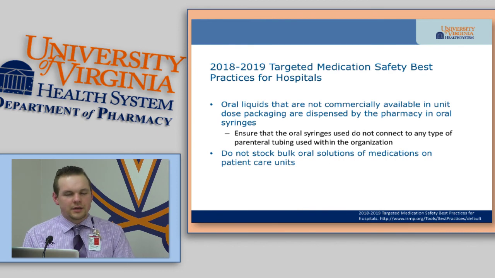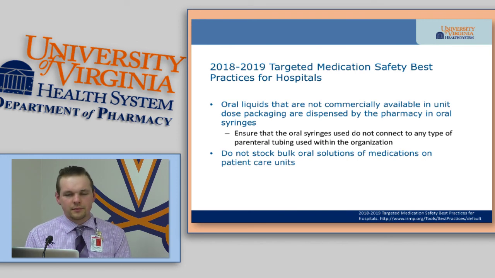So the ISMP I mentioned publishes what they call best practices for hospitals, I believe on an every year or every 2-year basis. And the 2018 to 2019 medication safety best practices for hospitals included some rules around dispensing oral liquids and making sure that oral syringes are not compatible with any tubing, and that is to prevent their intravenous administration on accident.